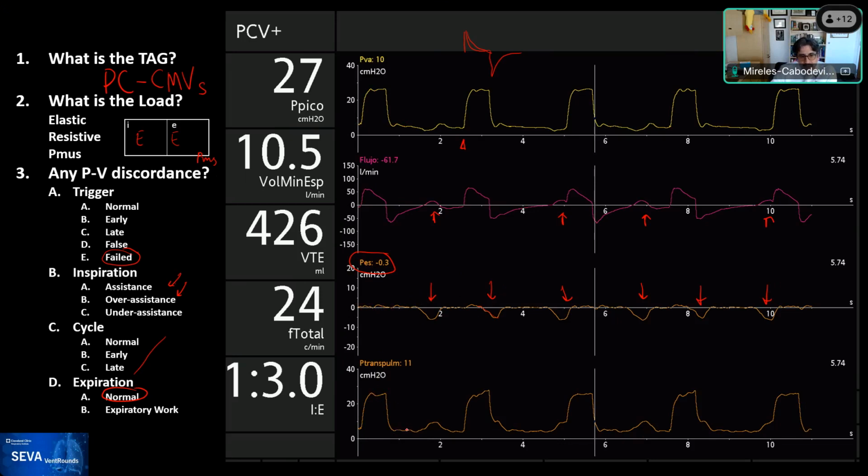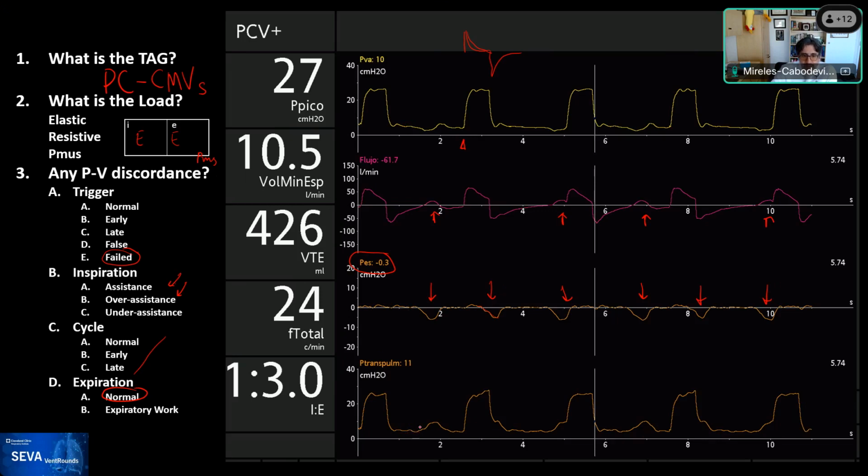And then during this period of time, the pressure is positive, it's above zero, and that's because the pressure in the airway is higher, and here is zero. If the transpulmonary pressure is higher, that means that it's distending the alveoli.